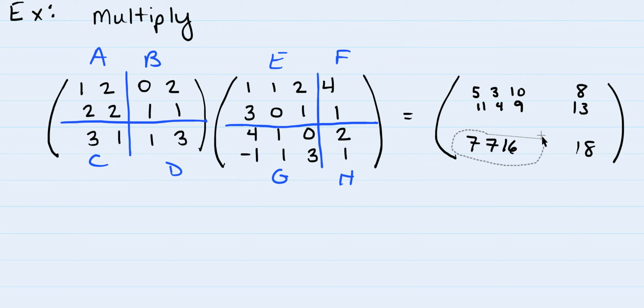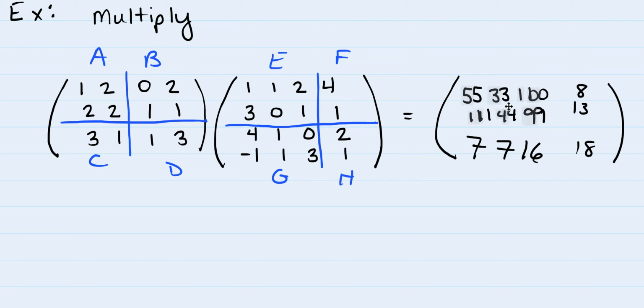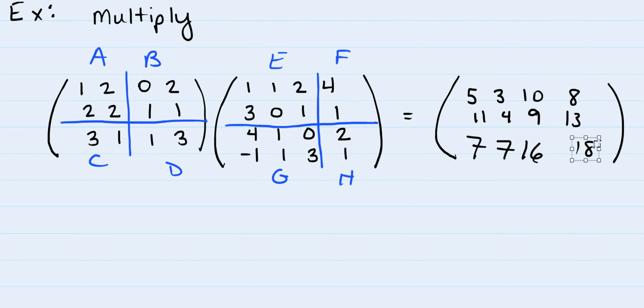So this is going to be your matrix. So if you multiplied it like normal, you would get these entries, but you can see that it corresponds to these blocks. So it's just another way to multiply these matrices.